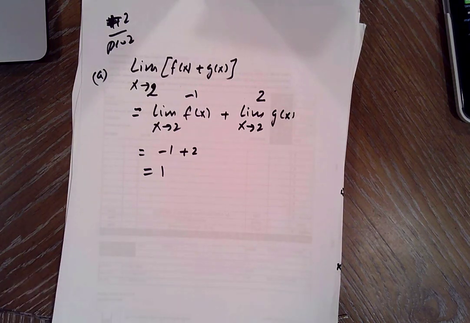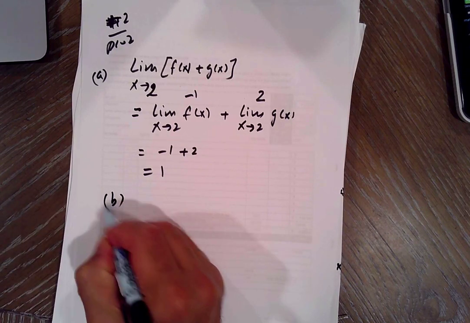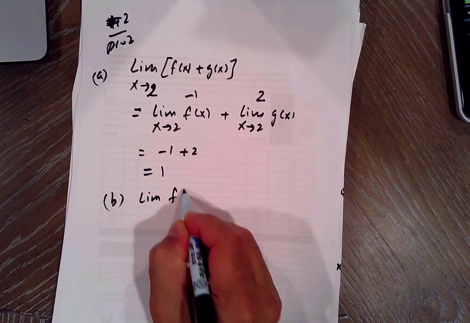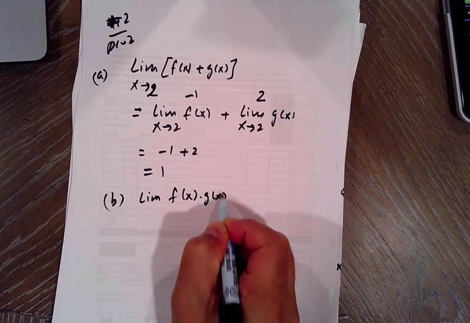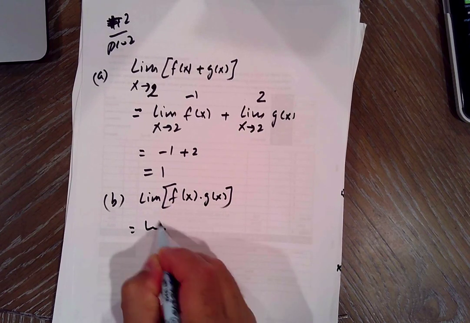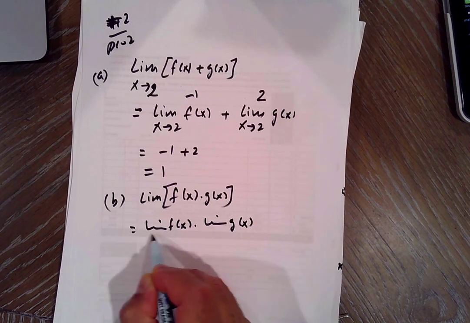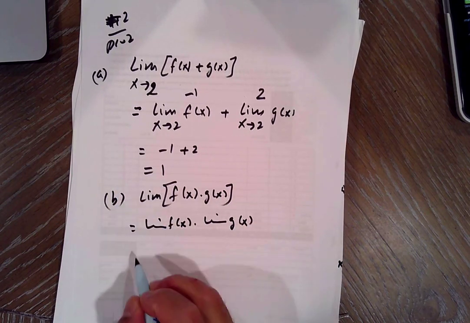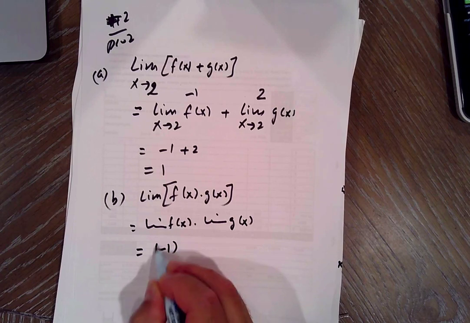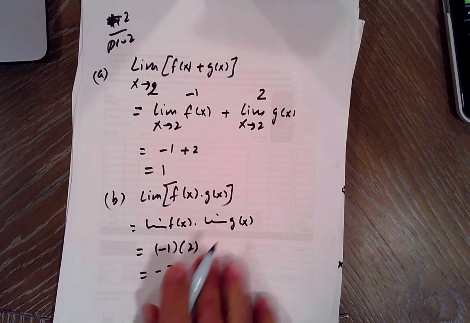If you want to do the limit of f times g, it's the limit of f of x times the limit of g of x. I'm just not writing the x goes to 2 to save work, which is -1 times 2, which is -2.